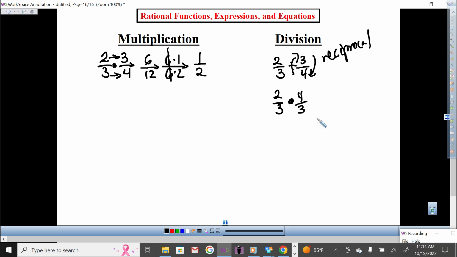And we know how to multiply, yes? All right, however, let me focus here really quick. Why do we do that? Julian? So multiplying by the reciprocal is backwards, okay? That's one way of looking at it.